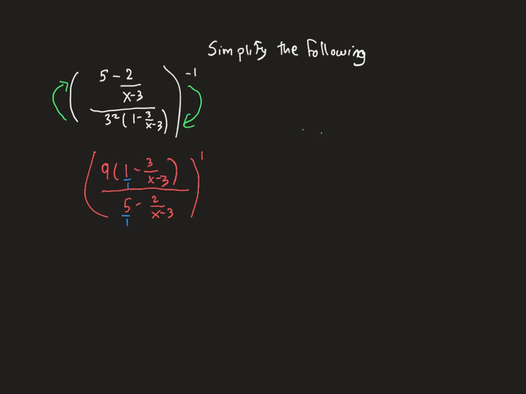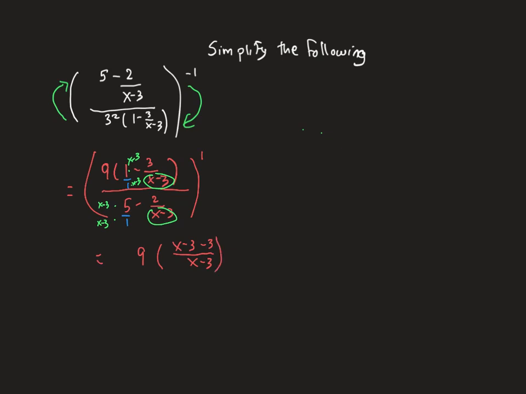So common denominators, you're going to have to multiply this by x minus 3, this by x minus 3, this by x minus 3, and this by x minus 3. Because remember, you want to have common denominators. It's going to be equal to 9 times, well, x minus 3 minus 3 over x minus 3.